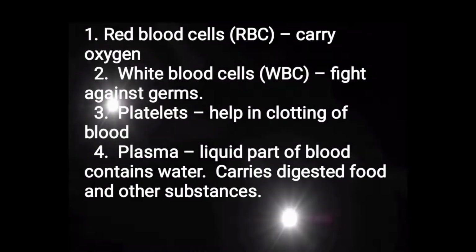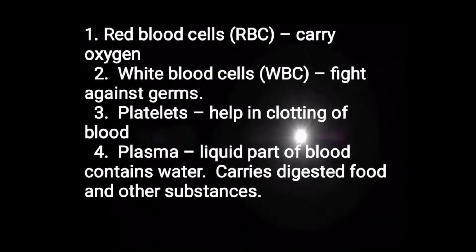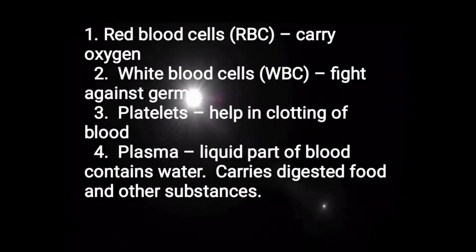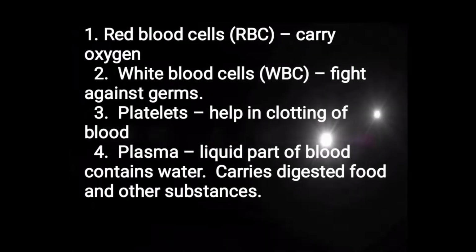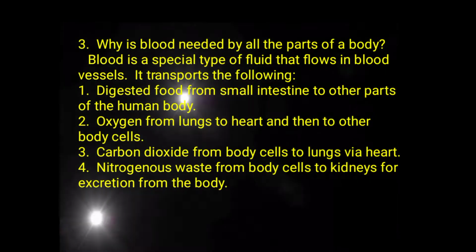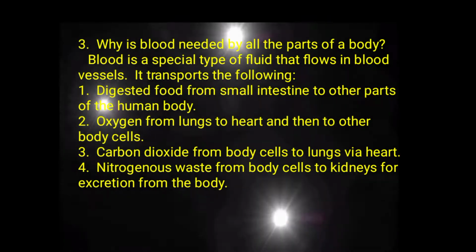What is RBC also said to be? Erythrocytes. And WBC? Leukocytes. And platelets? Thrombocytes. Now moving to the third question, why is blood needed by all parts of the body?